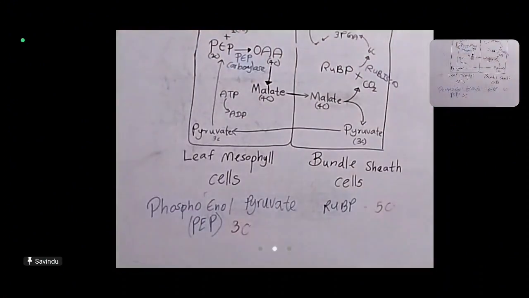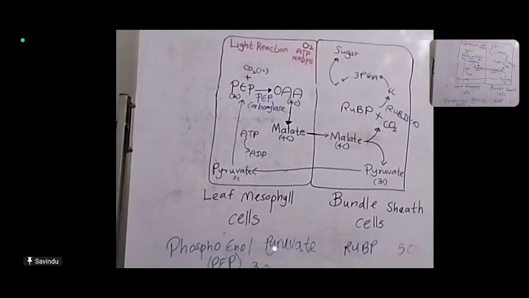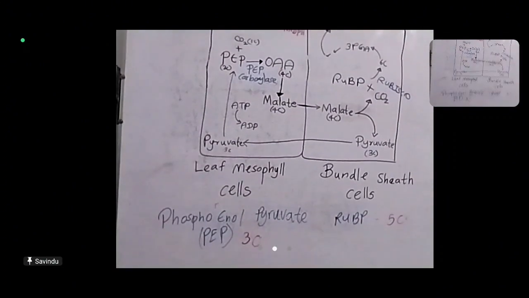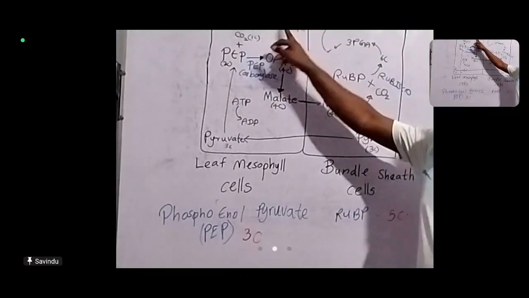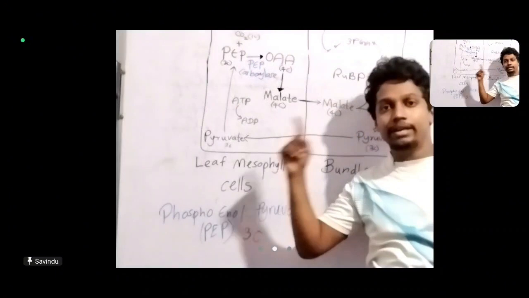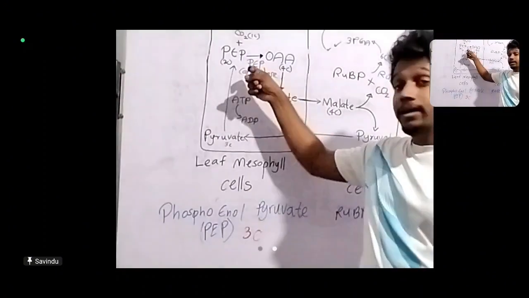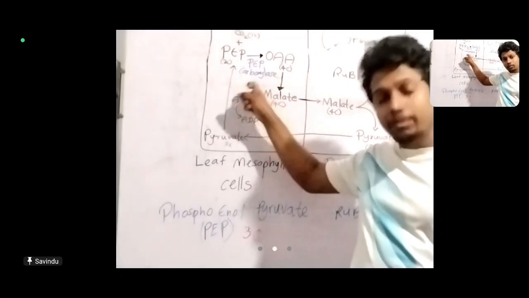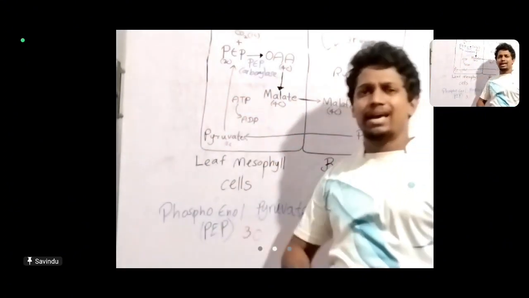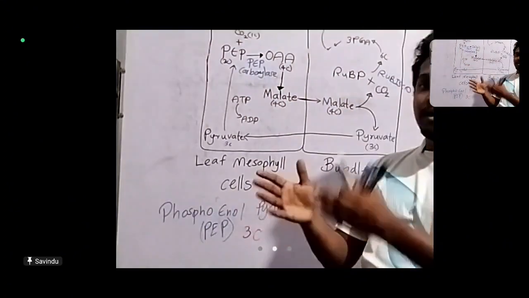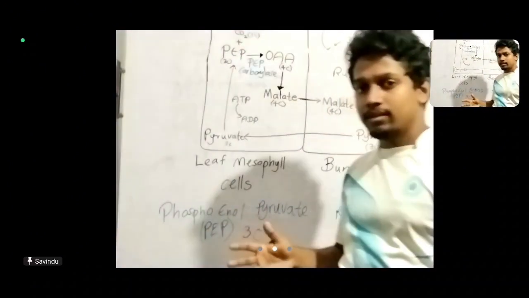In leaf mesophyll cells, the products of the light reaction are oxygen, NADPH and ATP. If there were Rubisco here, what happens? As usual, they are competitive inhibitors to each other.